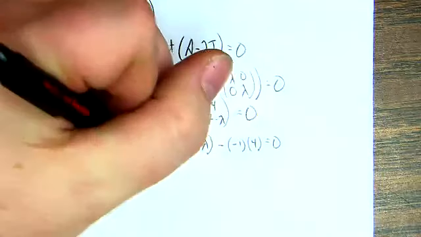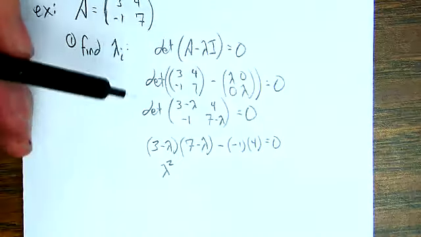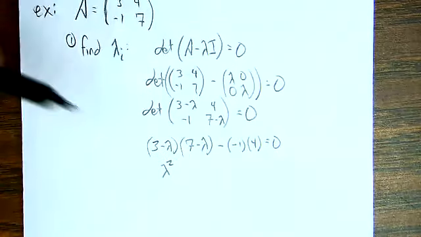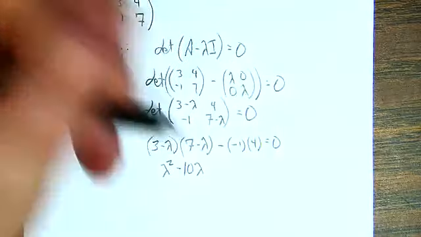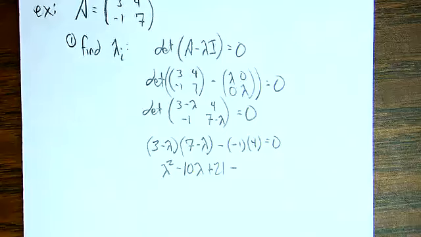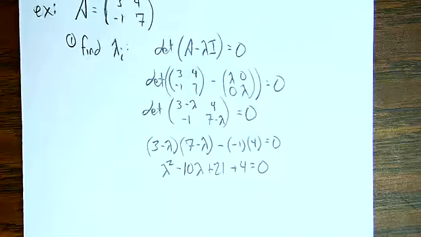Multiplying this out, I get lambda squared minus 3 lambda minus 7 lambda is minus 10 lambda. And 3 and 7 make 21. And then I have negative 1 times 4 is negative 4. Minus negative 4 means plus 4. And that equals 0.